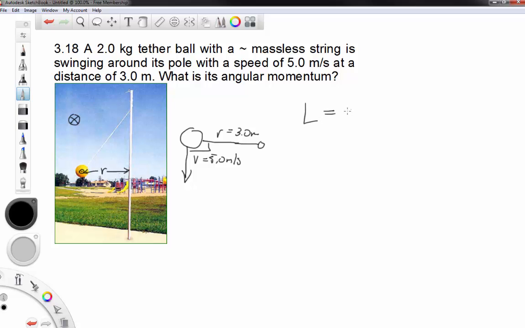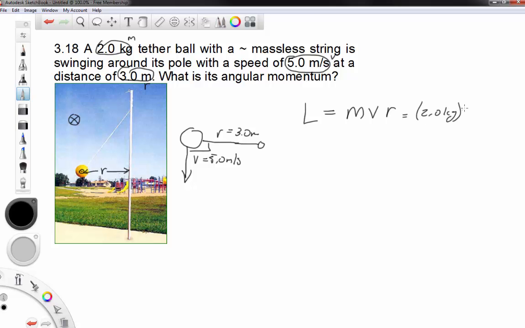The angular momentum, therefore, is the mass of the ball times the speed of the ball times the distance. So here's the mass, 2 kilograms. Here is the distance, 3 meters. Here is the speed, 5 meters per second.